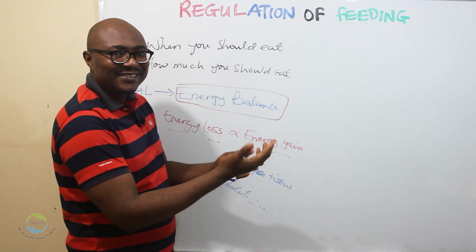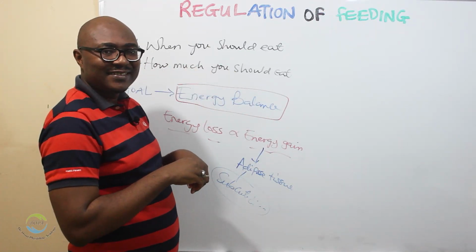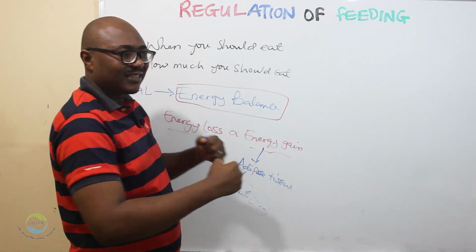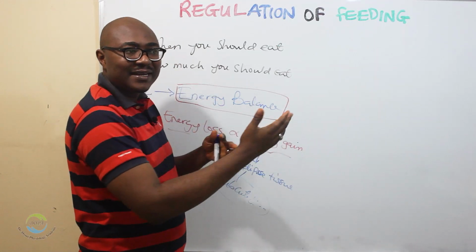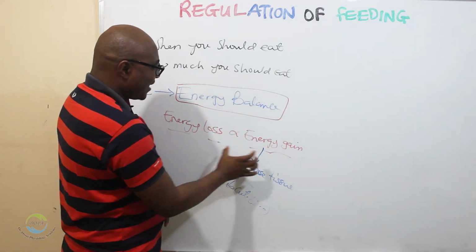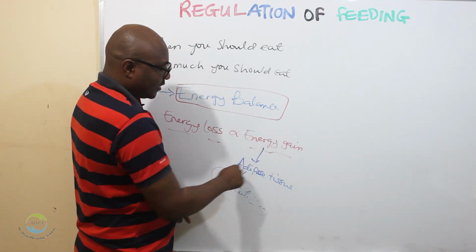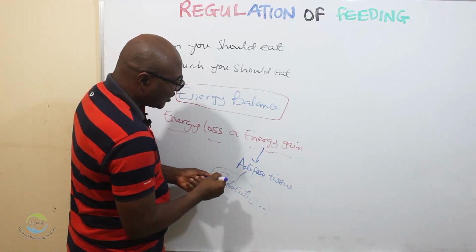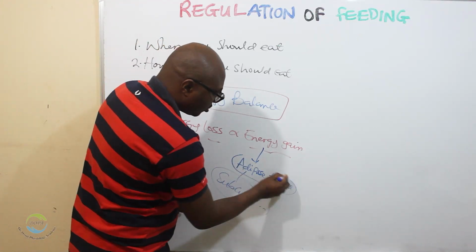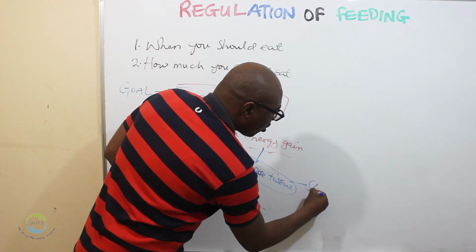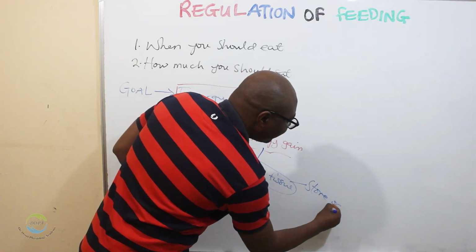So they diet to reduce intake of energy, and they exercise to increase expending energy. So when energy loss is now more than energy gain, what happens? The body now begins to go to this store. So adipose tissue is actually a store of energy.